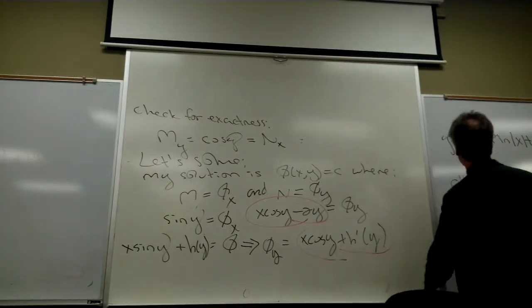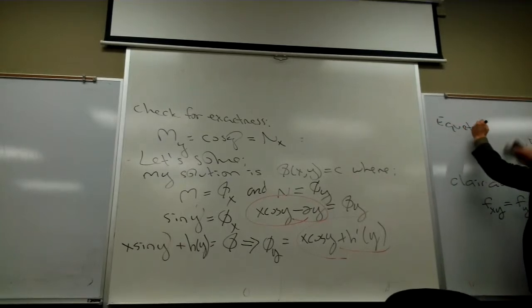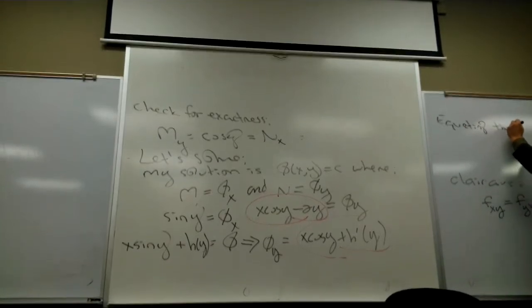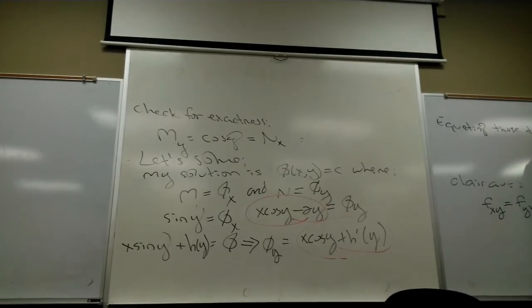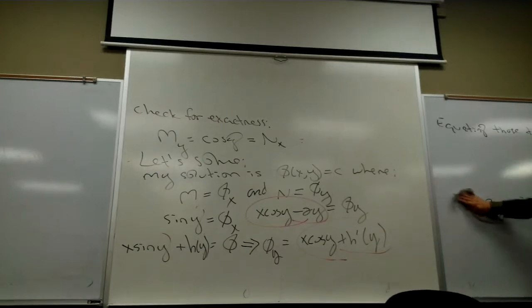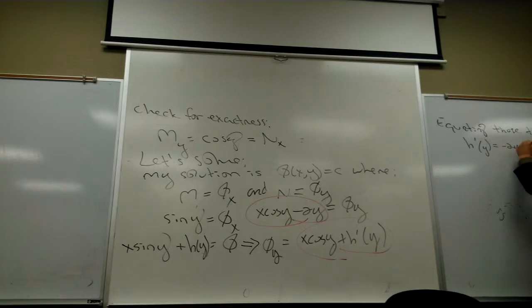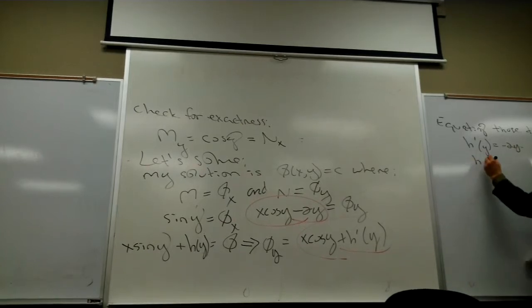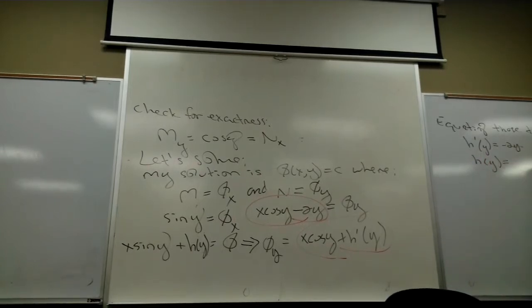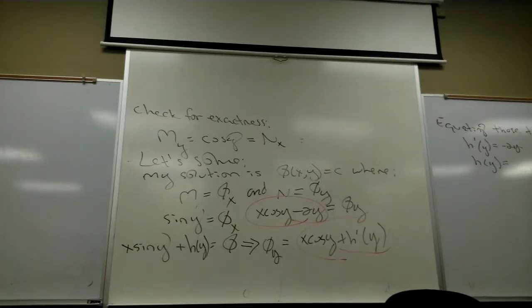So if I equate those two partials, doesn't that trivially tell me that h prime of y is equal to negative 2y? Or shall I say h of y is negative y squared.